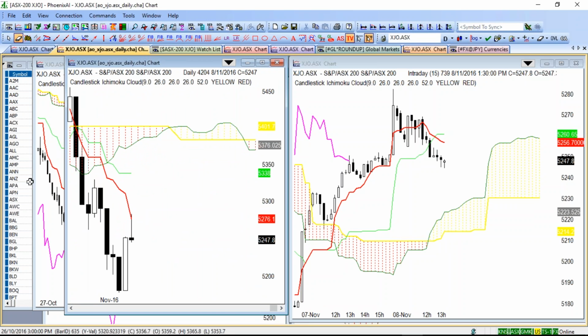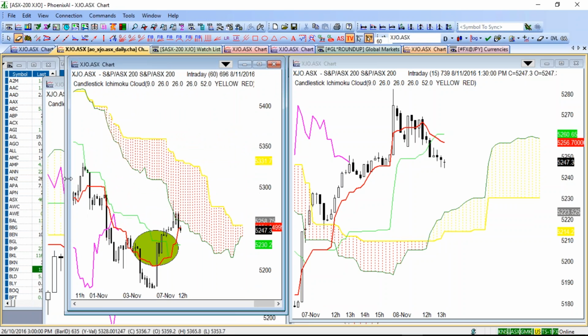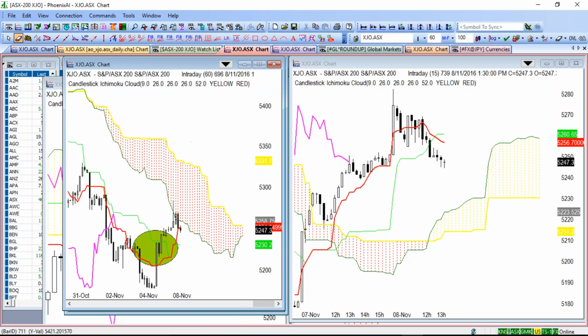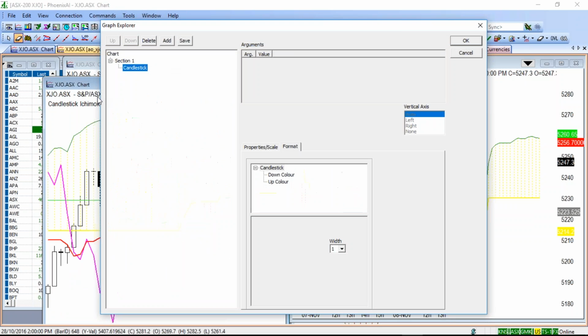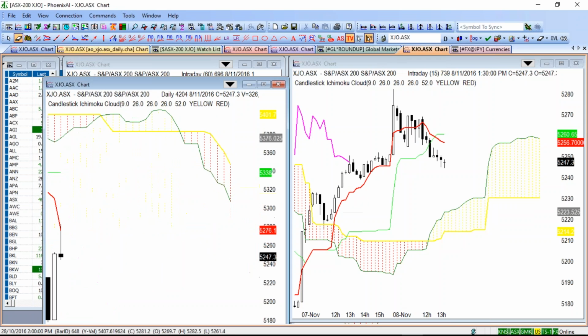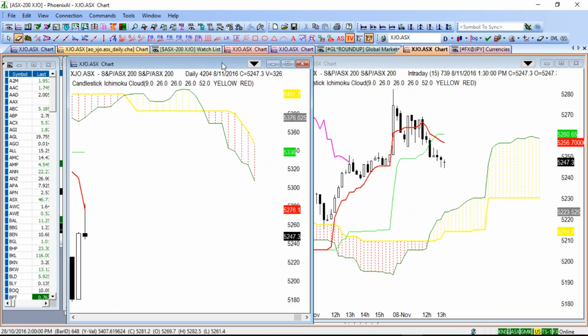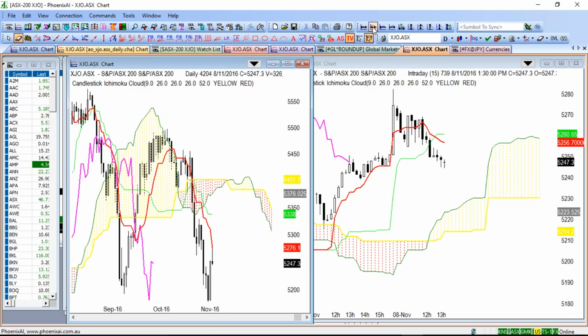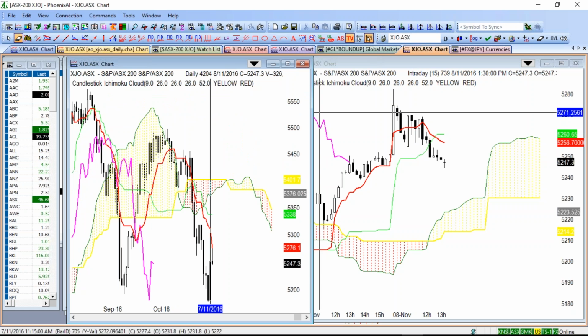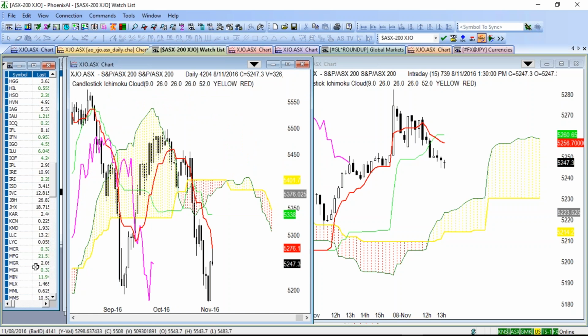There's been a couple of interesting stocks this week that are worth taking a look at on Ichimoku.